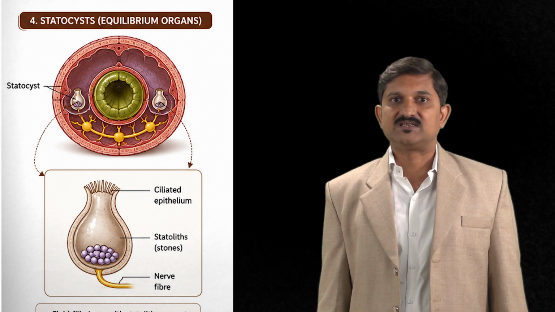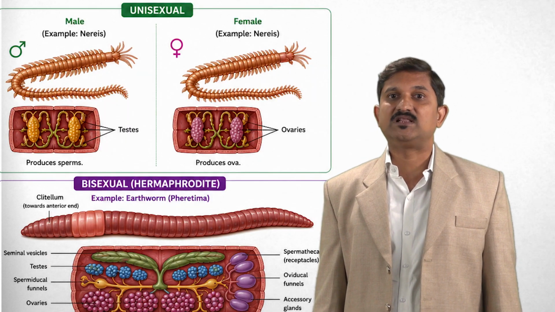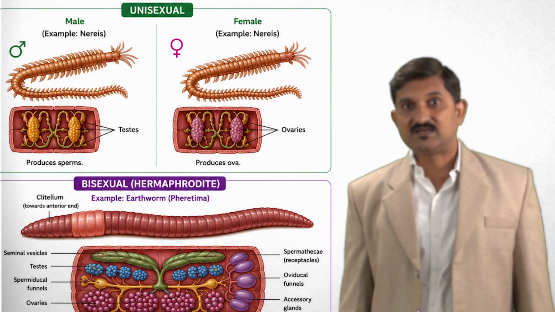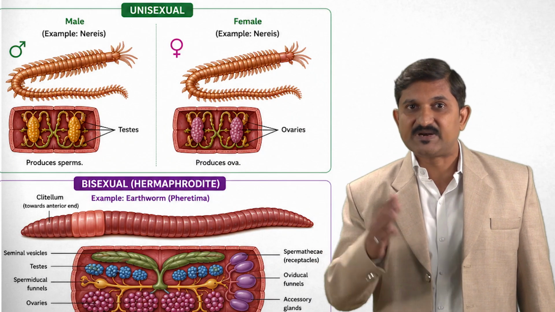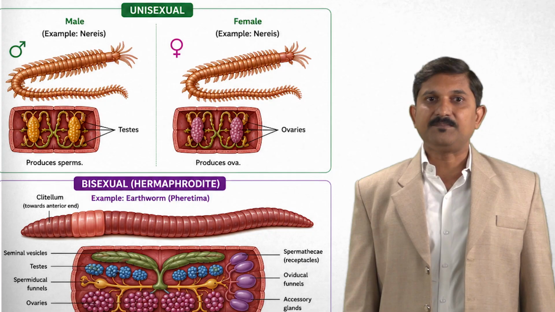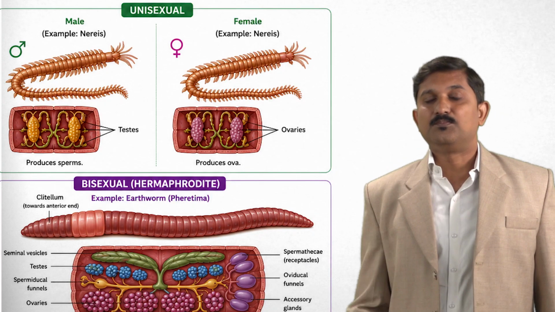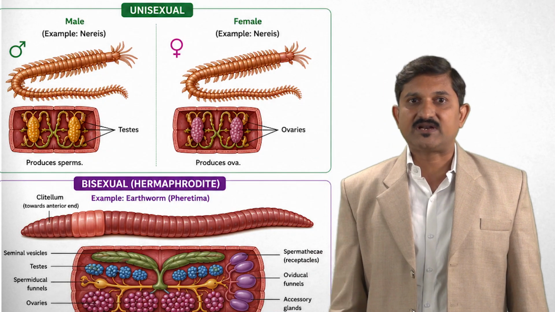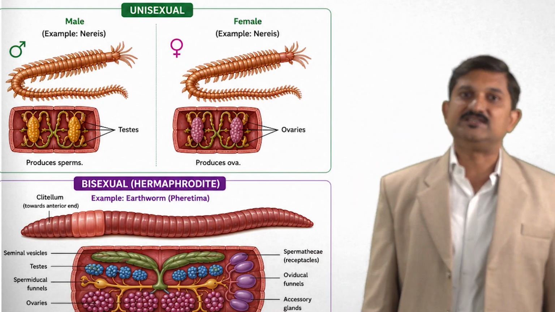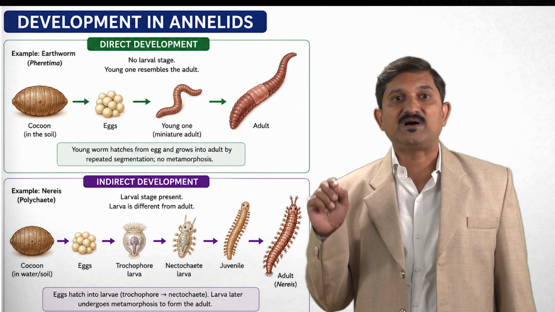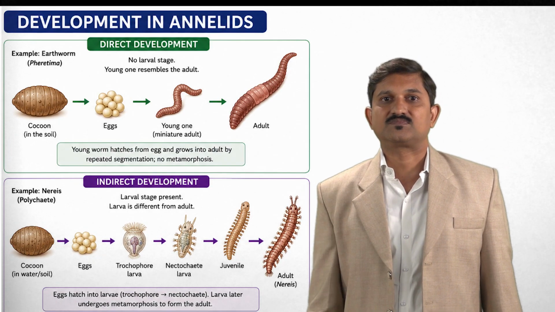The annelids are both unisexual as well as bisexual. Unisexual, which are having separate sexes, for example Nereis, and bisexual, where both the sexes are present in the same individual, for example earthworm and leech. We call such individuals hermaphrodite as well.